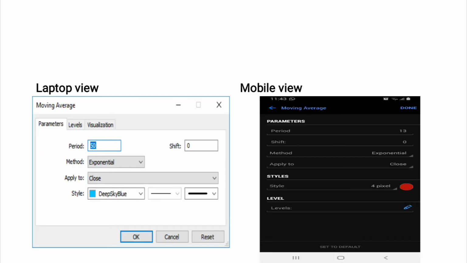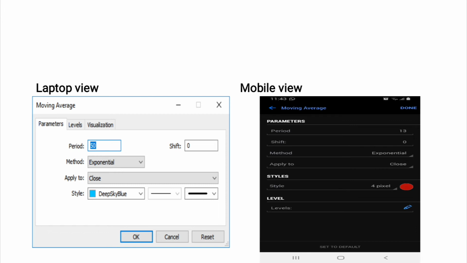So as you can see, if you open your moving average parameters on your PC, you see a period, and a shift, which is usually 0 because people don't want to project, since it is a lagging indicator. If you manipulate the shift, you are projecting it forward or backwards, which will be inconvenient.